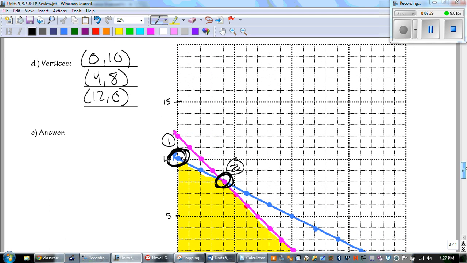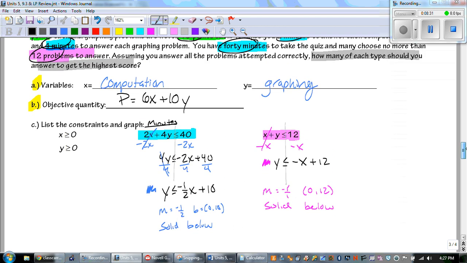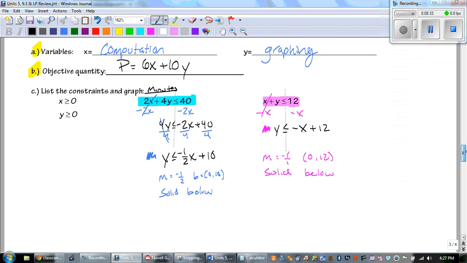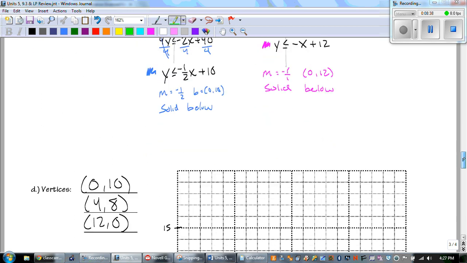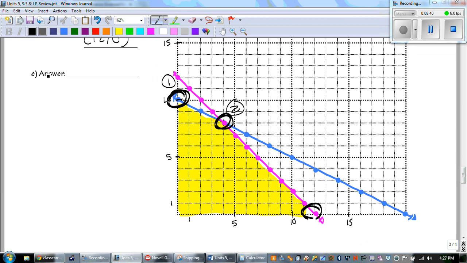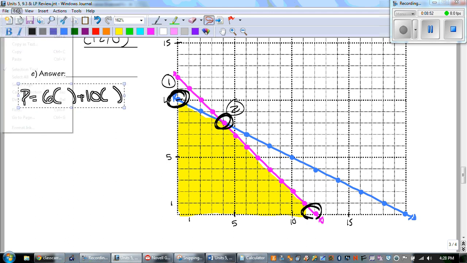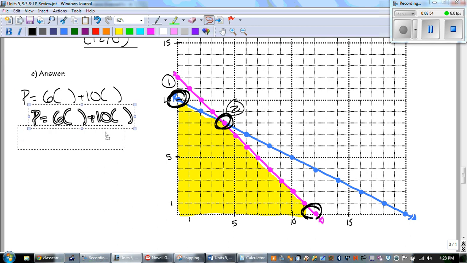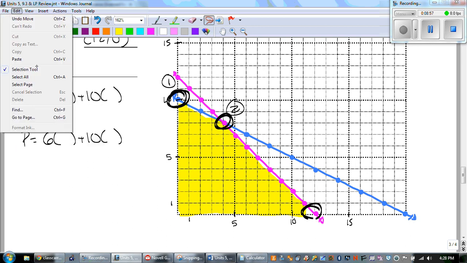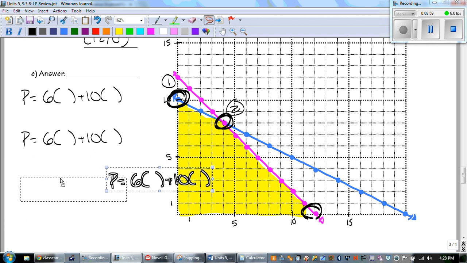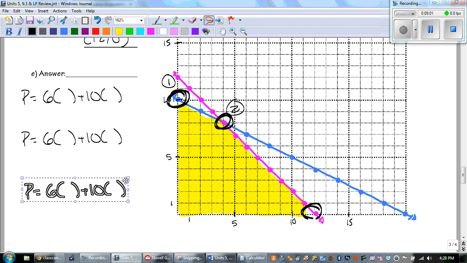Now, to figure out how you're going to get the most points to get the highest score, we need to come back here and use this profit equation. So that's P equals 6 parentheses plus 10 parentheses, and then you're going to get your answer. We need to do that 3 times, because we're testing each vertex, to figure out which one gives us the most points.